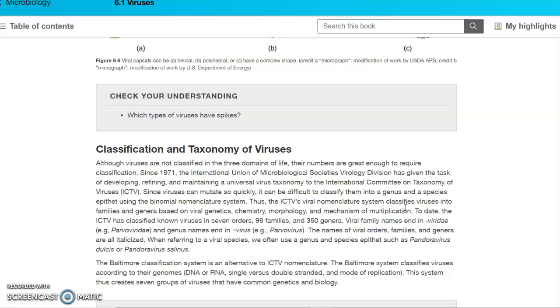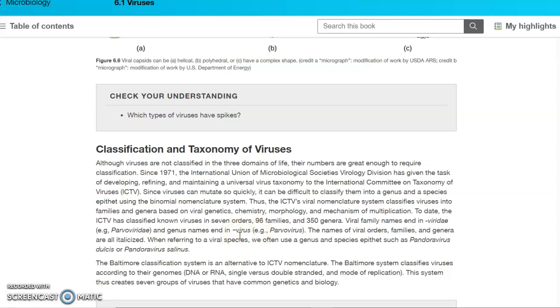There are 7 orders, 96 families, and 350 genera, and you'll see this as we go through and study the different viruses. Our families end in viridae, so poxviridae, herpesviridae, and then the genus name ends in virus, like herpesvirus, for example.